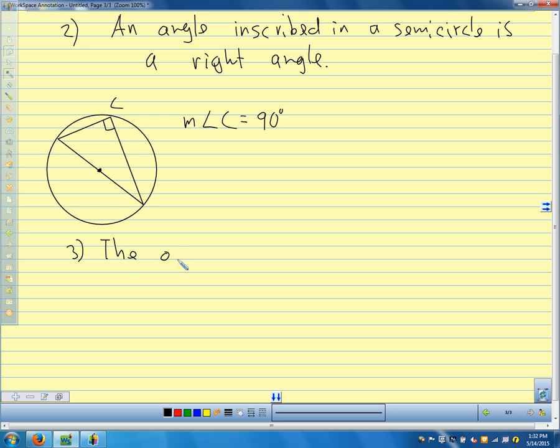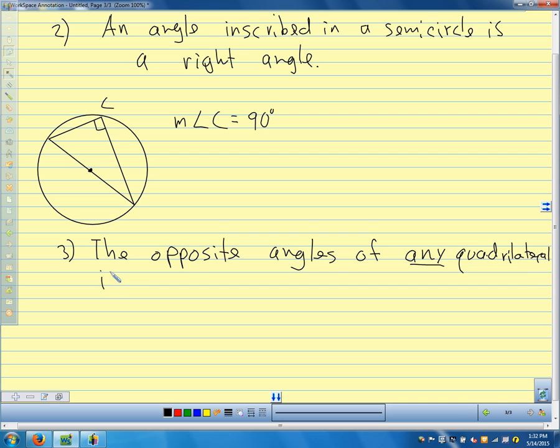The opposite angles of any polygon, not any polygon, any quadrilateral, inscribed in a circle, are supplementary. Supplementary means add to 180.